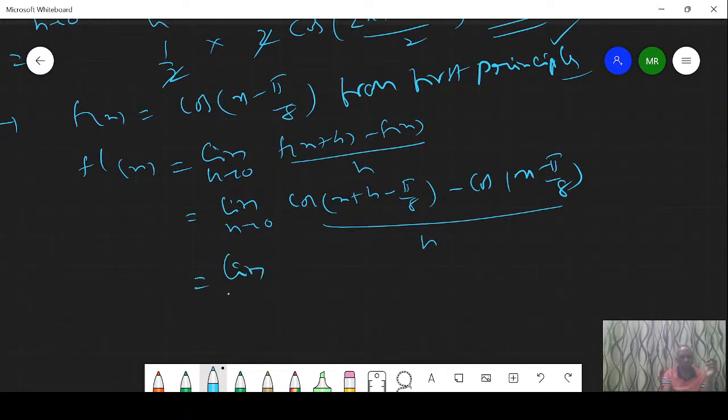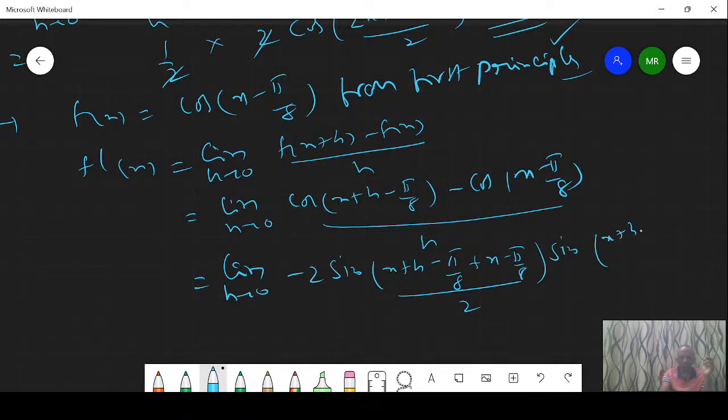Limit h tends to 0. When you are applying cos c minus cos d, what is cos c minus cos d? It is minus 2 sin of (c plus d) by 2 into sin of (c minus d) by 2. Here c plus d is x plus h minus pi by 8 plus x minus pi by 8, by 2, and c minus d is x plus h minus pi by 8 minus x plus pi by 8, by 2.